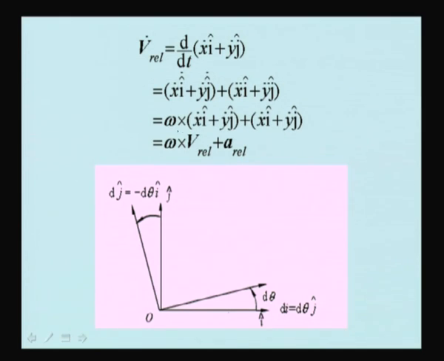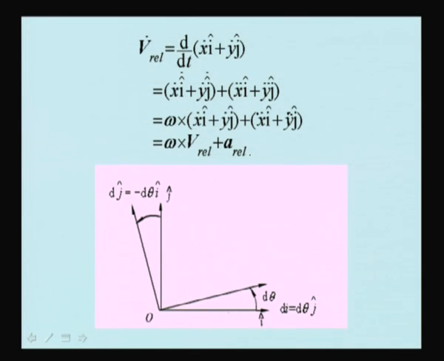This is equal to omega cross (x dot i plus y dot j) plus x double dot i plus y double dot j, which can be written as omega cross V rel plus a rel.